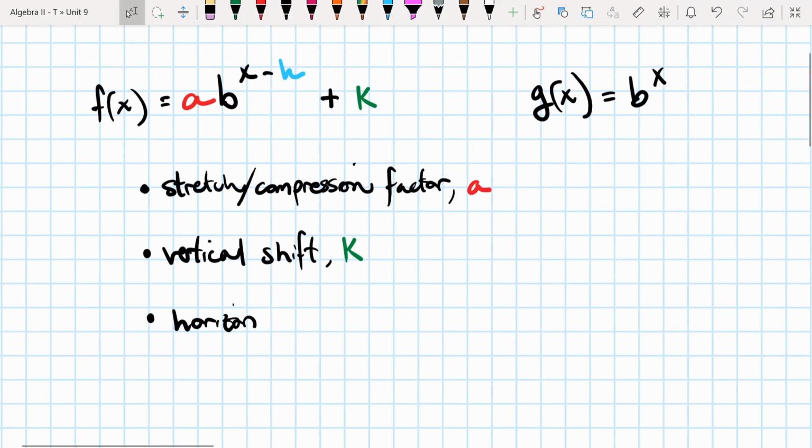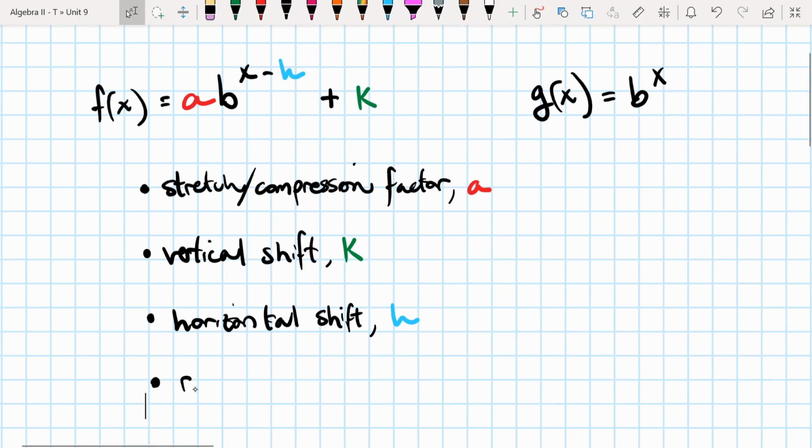The horizontal shift is denoted by the letter h, and so that will indicate whether or not the function is moving to the left or to the right. And then lastly, with exponential functions, the b value is going to come into play here.